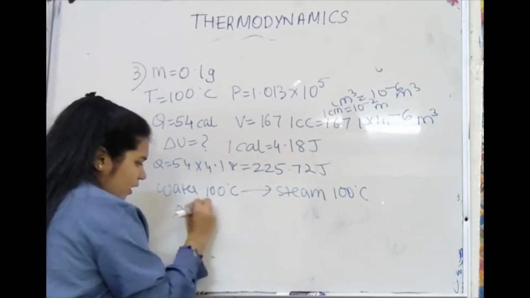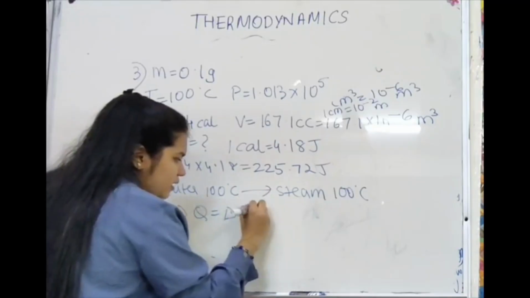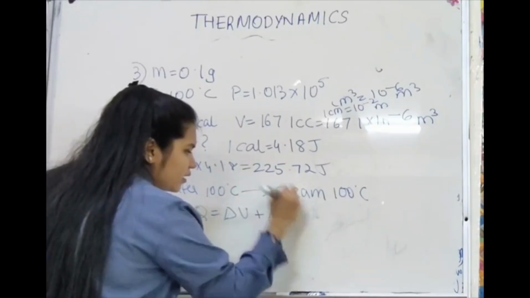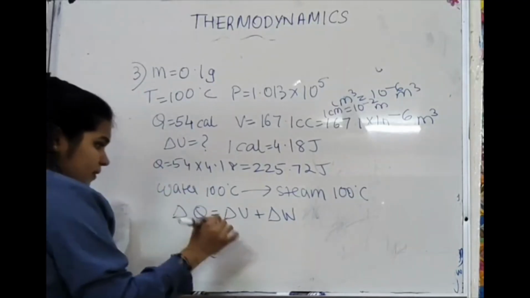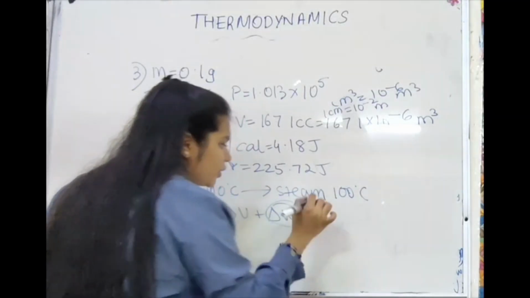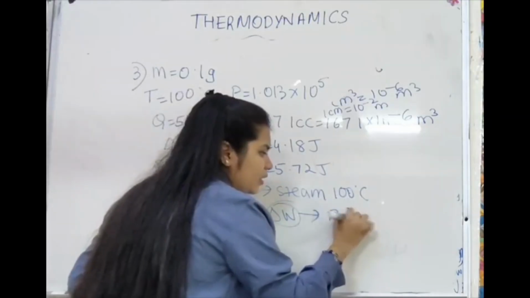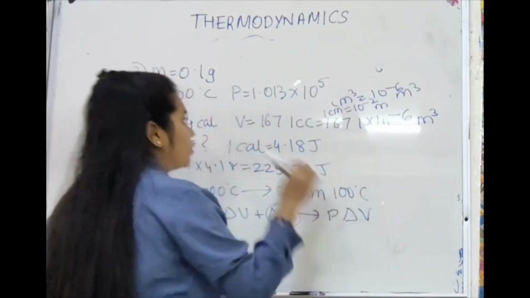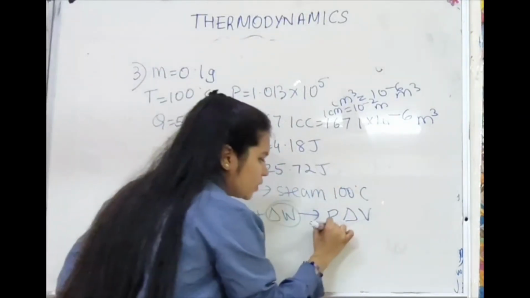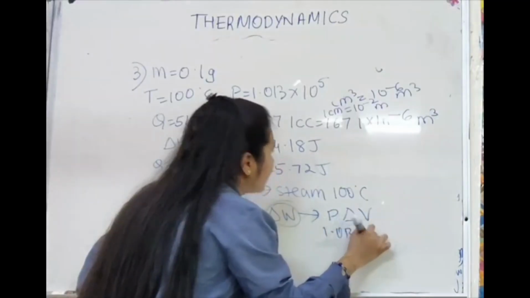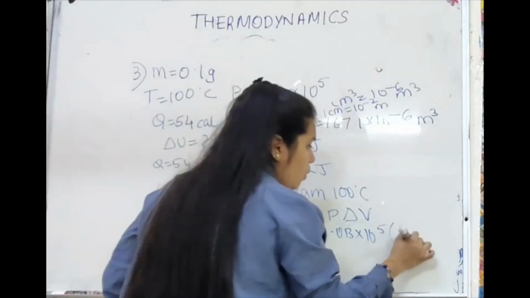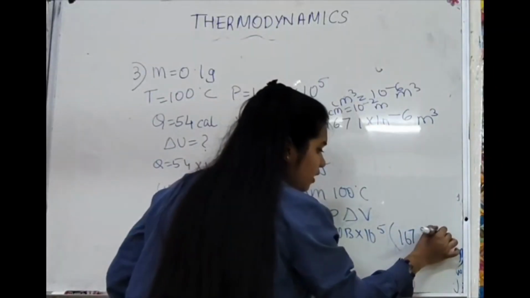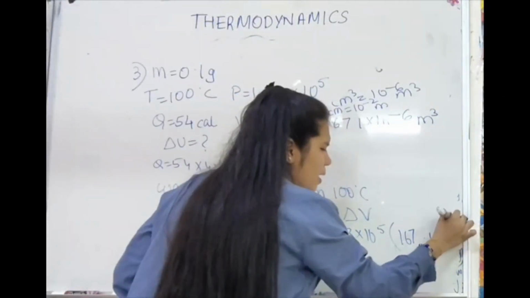Now we know this formula, Q equals delta U plus delta W. Now you have to substitute. Delta W is P into change in volume. Pressure is given, 10 to the power 5, into change in volume. Volume is 167.1 into 10 to the power minus 6.